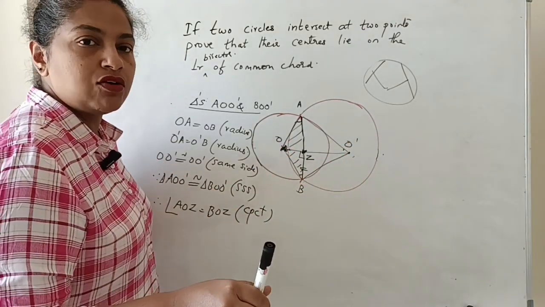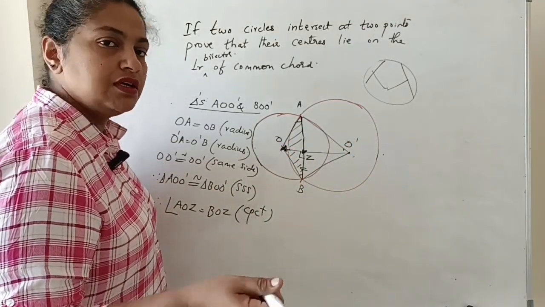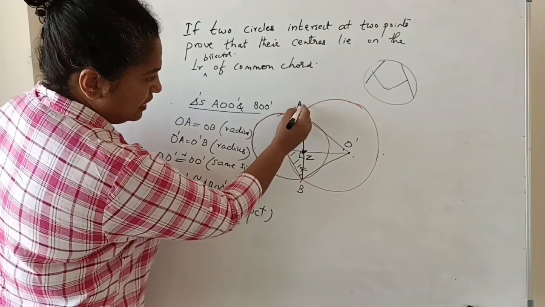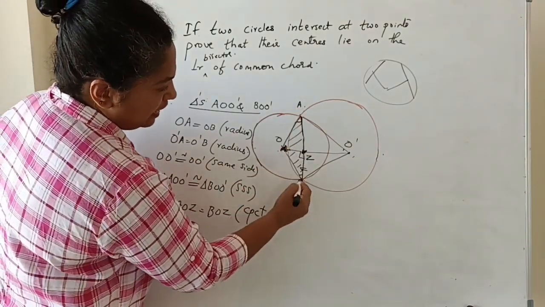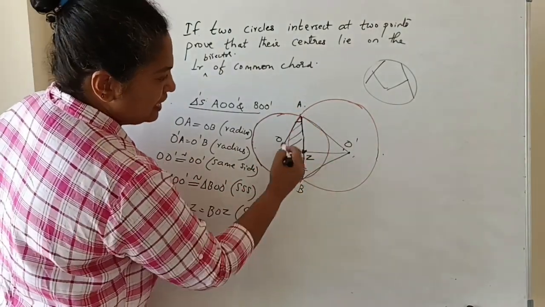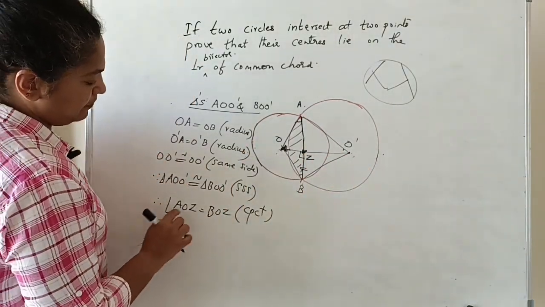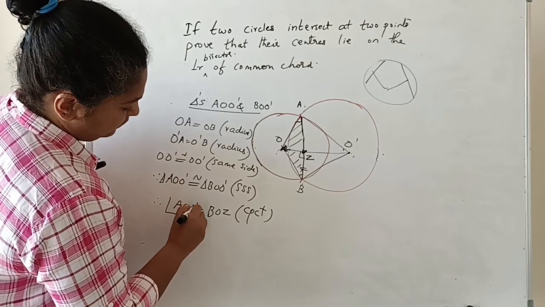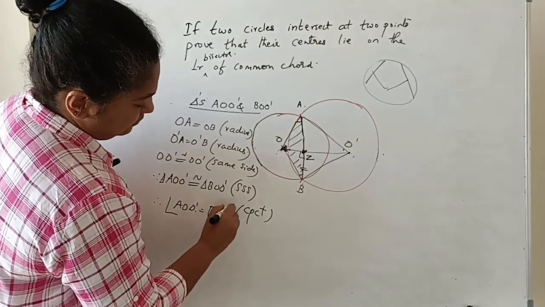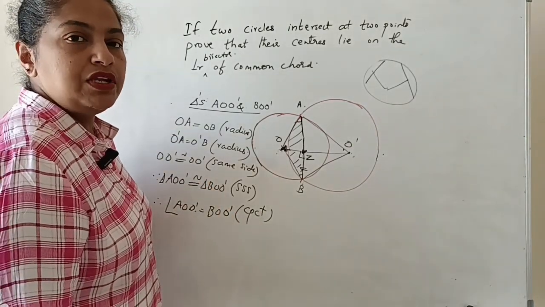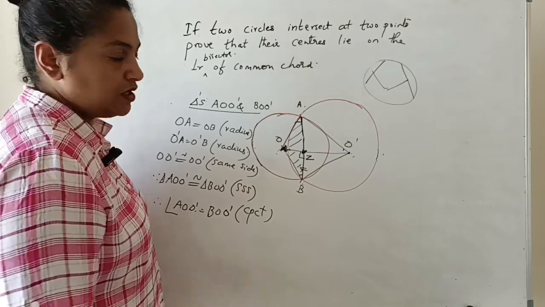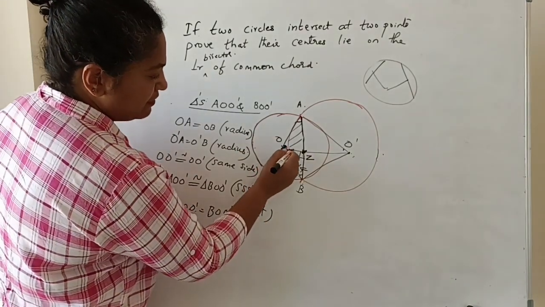So the two triangles are congruent by SSS congruence. Because they are congruent, I can say that angle AOO dash and angle BOO dash, let me write it in that way, are corresponding parts of congruent triangles and they are equal. So this angle is equal to this angle.